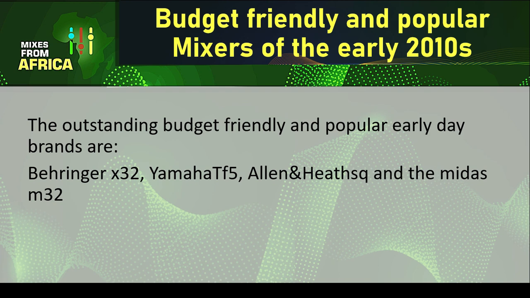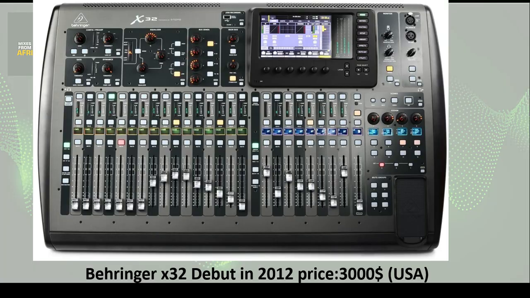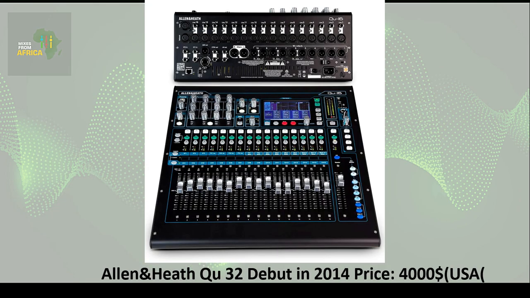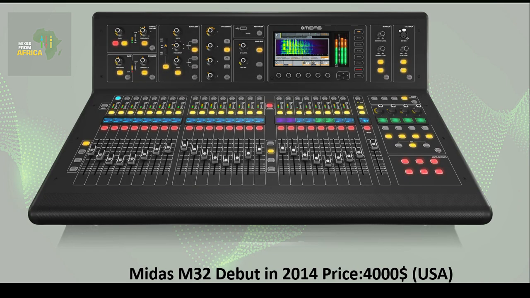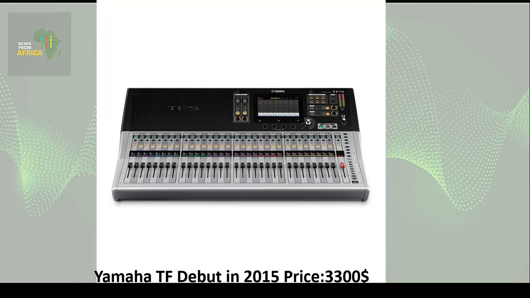That's why we have the outstanding budget-friendly and popular early-day brands such as the Behringer X32, which debuted in 2012 for a price of $3,000, the Allen & Heath Qu-32, which came in 2014 for around $4,000, and the popular Midas M32, which also debuted in 2014 for around $4,000, and then the Yamaha TF, which debuted in 2015 for $3,300.